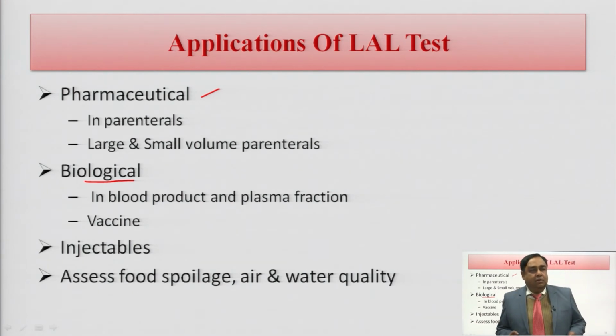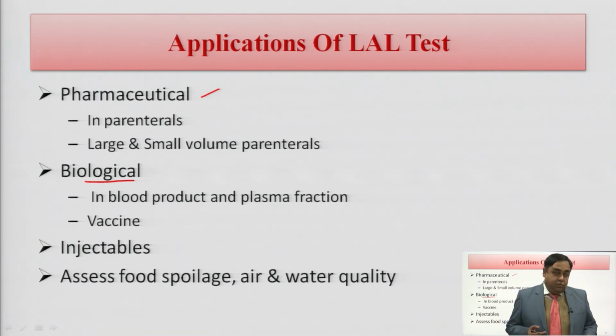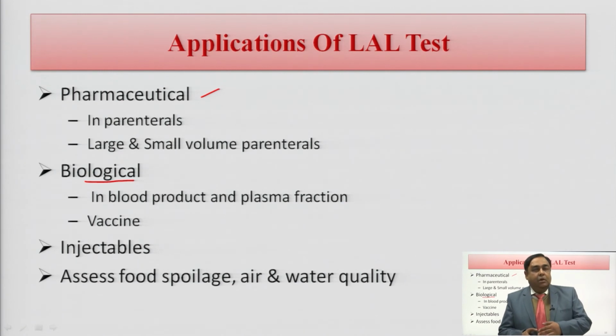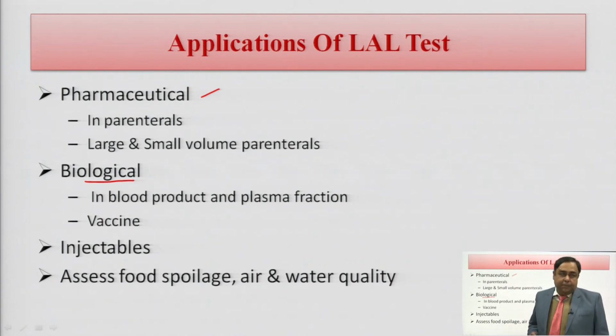We are using the LAL test to detect the presence of endogenous pyrogens in the case of injectables. Also, you will be very interested to know that the LAL test is used to assess food spoilage, water and air quality.